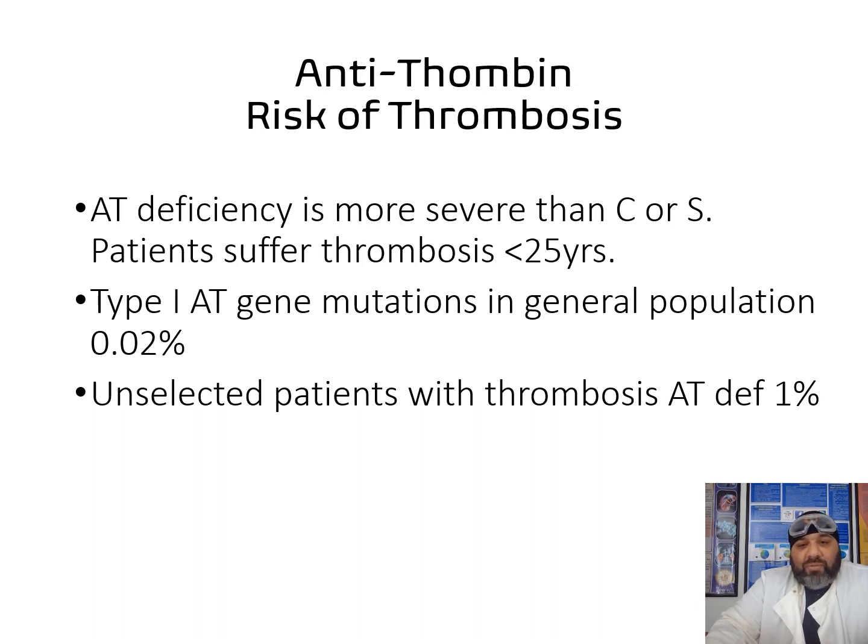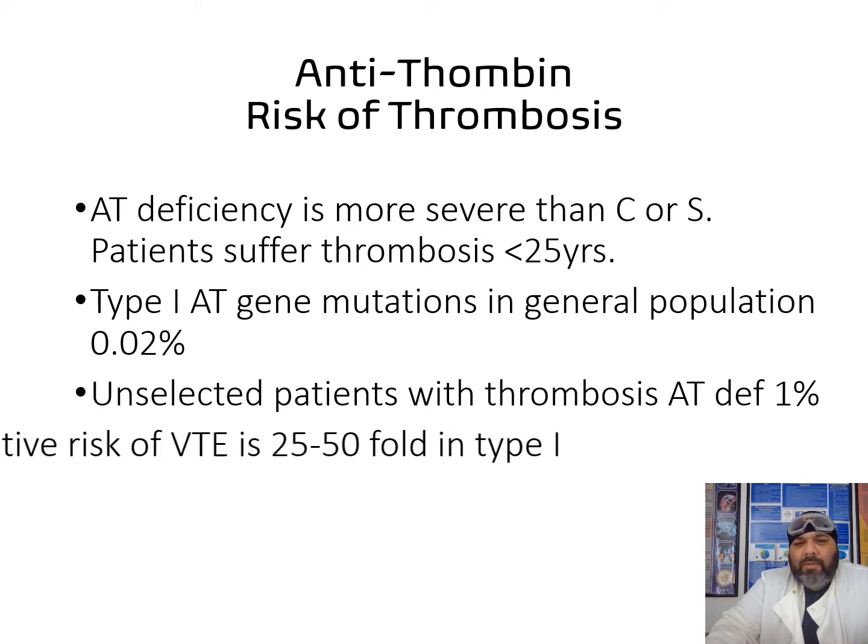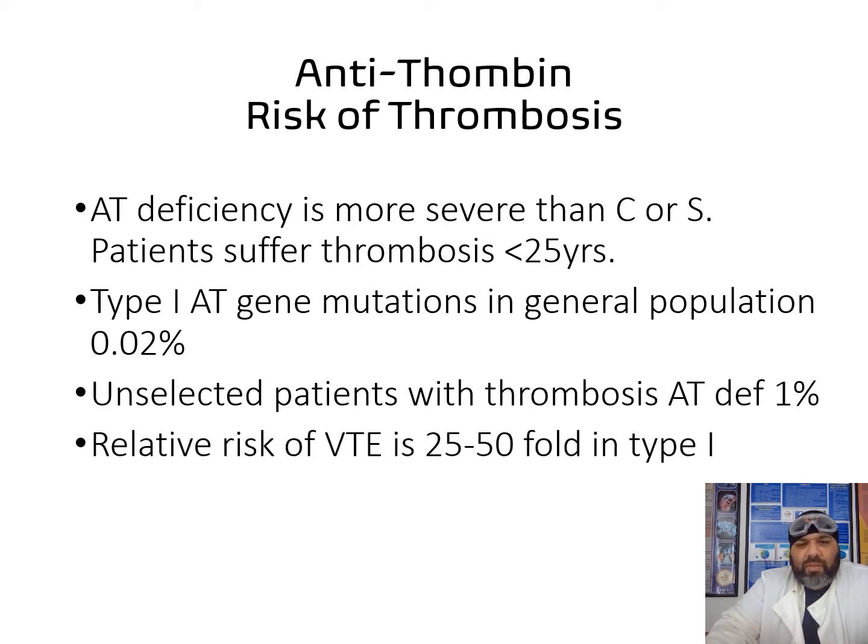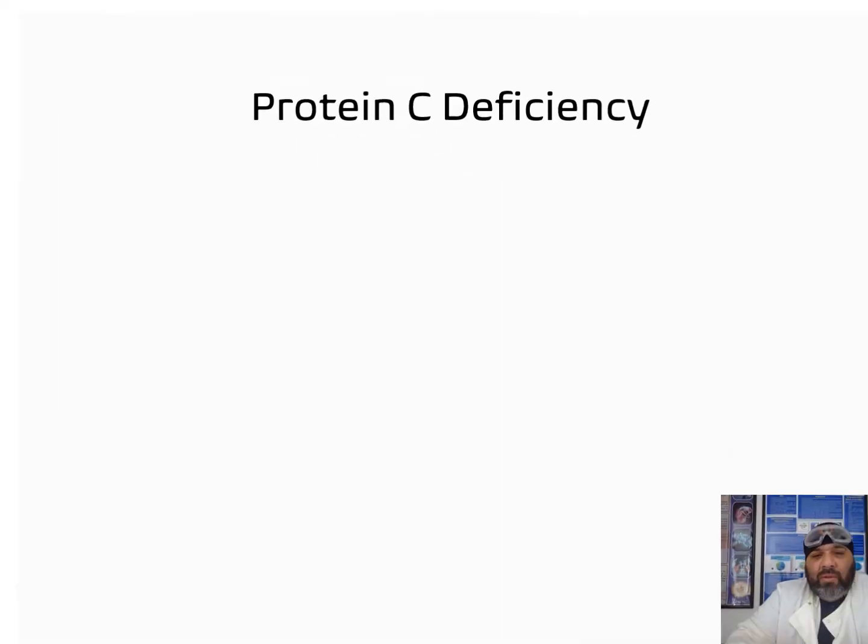In unselected patients with thrombosis, the figure for antithrombin deficiency is around 1%. There's a relative risk of VTE which is around 25 to 50-fold in type 1.